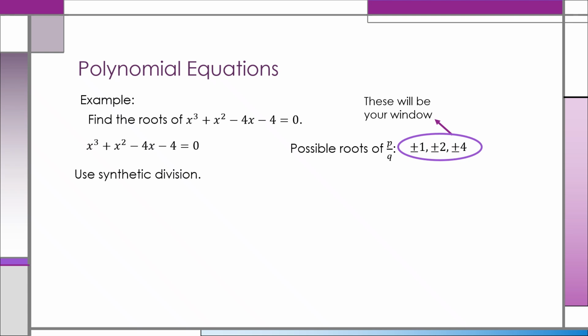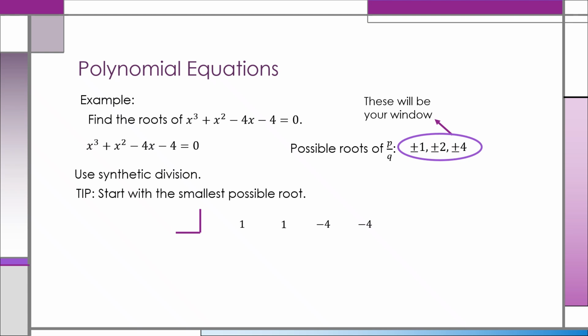The first step for this synthetic division is to list down all the coefficients and the constant of the given polynomial equation. So the coefficients and constant are 1, 1, -4, and -4. And there will be a window somewhere on the left.